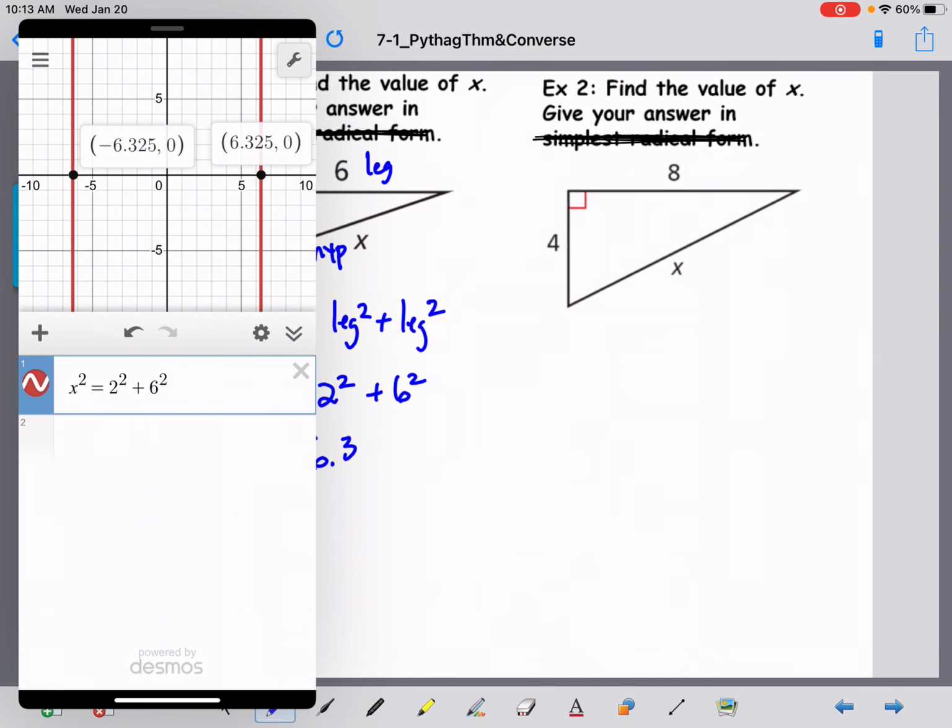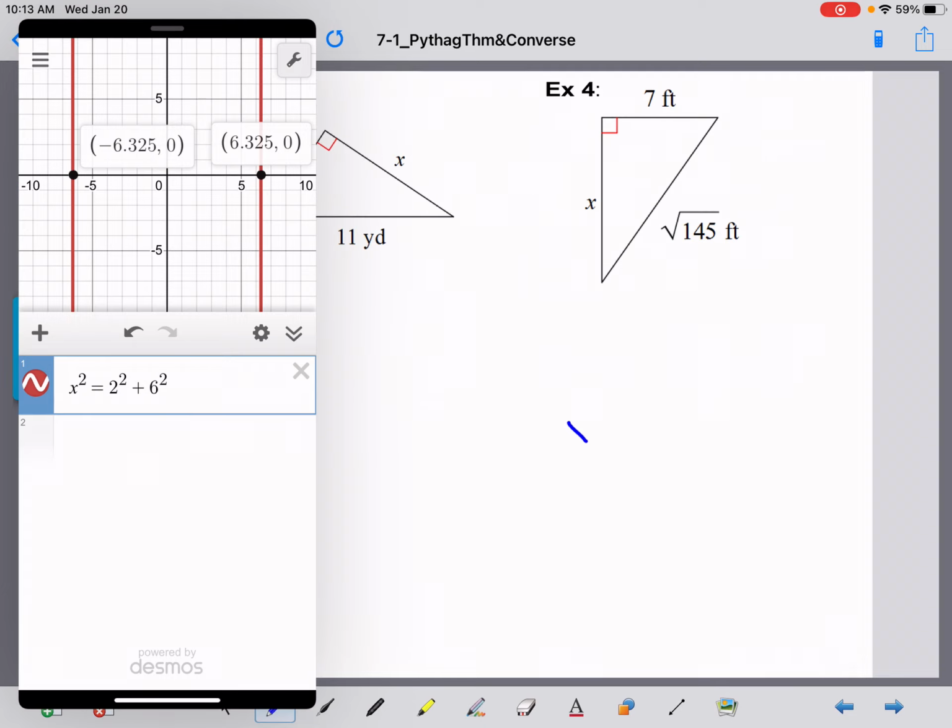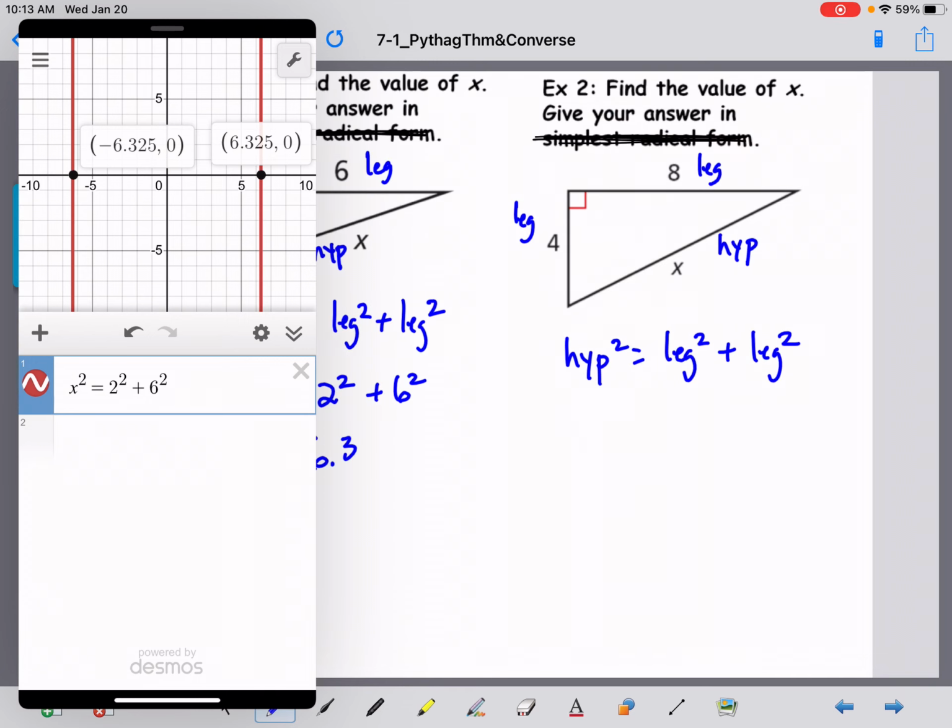All right, my next problem, pretty much the same. I've got a leg and the hypotenuse. So hypotenuse squared equals leg squared plus leg squared. So again, I'm going to substitute the values. X squared is 4 squared plus 8 squared.